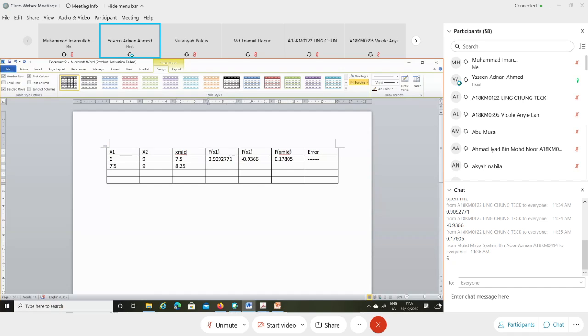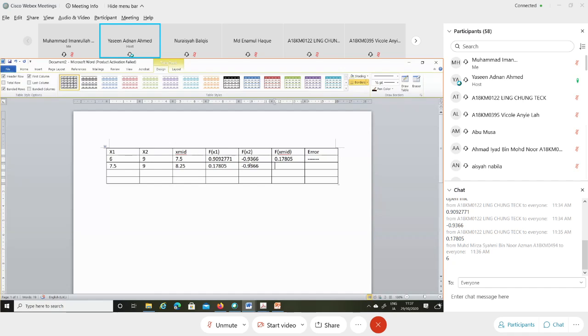In this case x1 is 7.5, so we can just borrow this one, right? This is the same, 0.17805. For 9 we already have it because it's the same, so no need to calculate again and again. Now you just need to calculate the function value for 8.25.